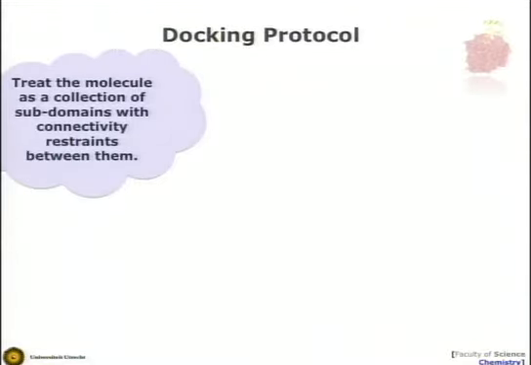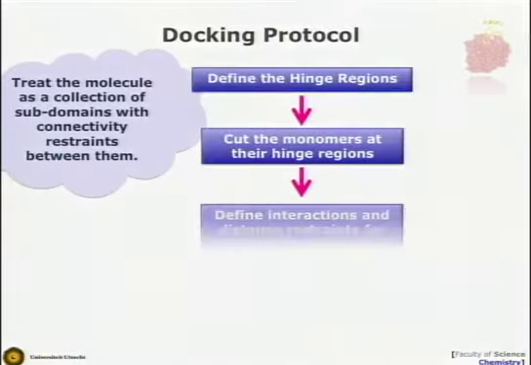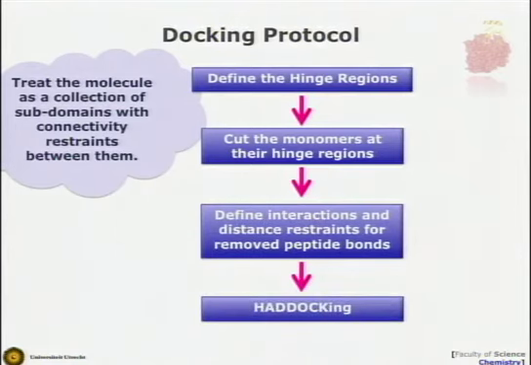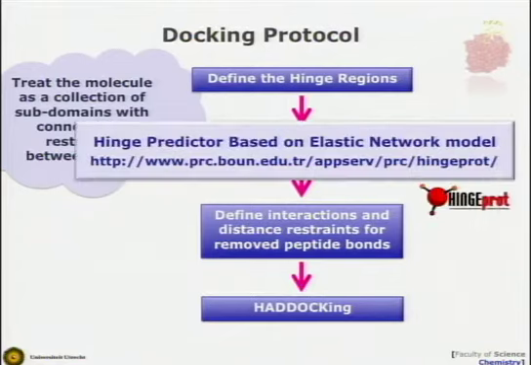So how are we going to do this? We're going to treat the molecule as a collection of subdomains, and we're going to put restraints between the domains to connect them. So the first thing to do is to define the hinges. Where are the regions where the motion takes place? Once we identify these, we cut the monomers there. We define interaction restraints between the different domains and add distance restraints for the peptide bonds, and we do a docking.